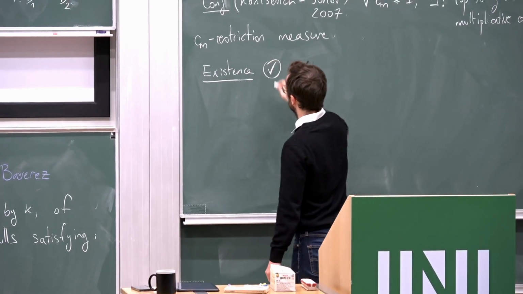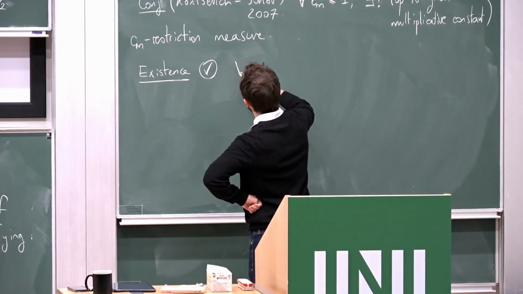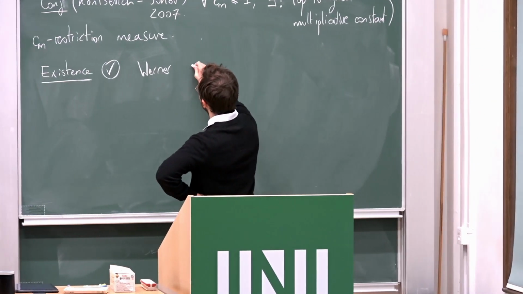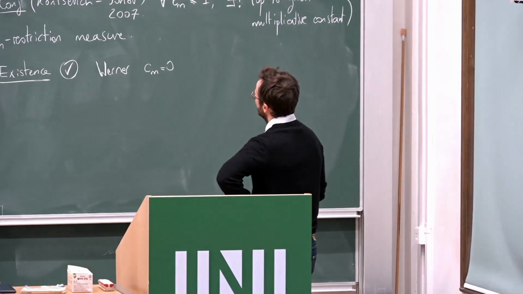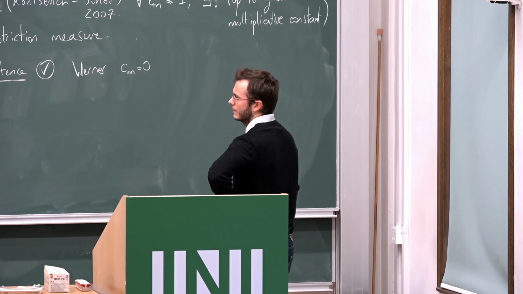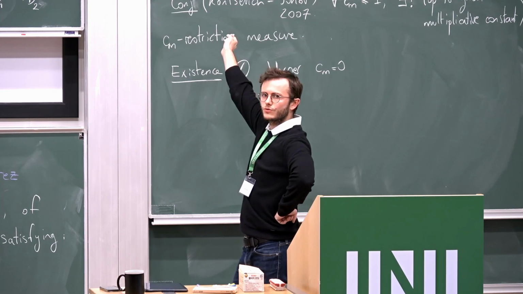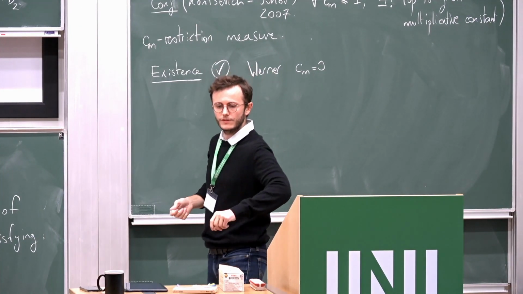Okay, so let me try to get this right. First, Wendelin proved this for Cm equals 0. Maybe I should say this unique measure will turn out to be what we call now the SLE loop measure. This is important.